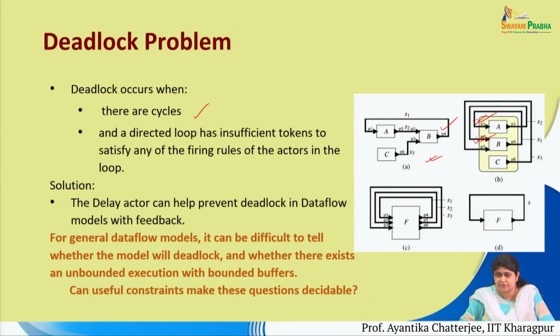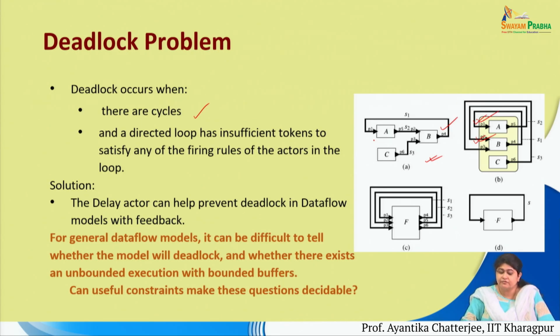Once that output is produced after the initial delay, from the next iteration onwards, B can produce output that can get consumed by A. Okay. So this delay and deciding of input sequences properly is a necessity to handle the deadlock scenario.